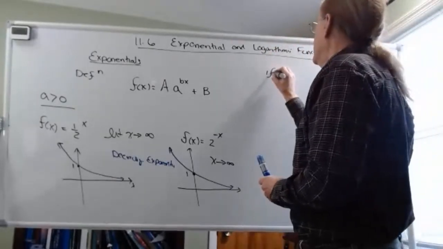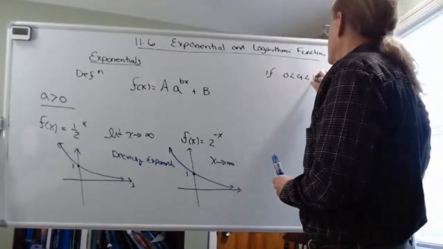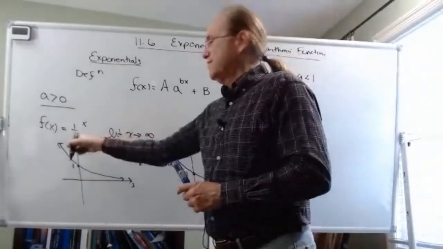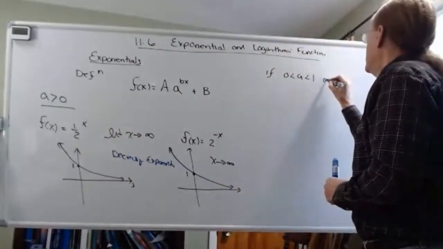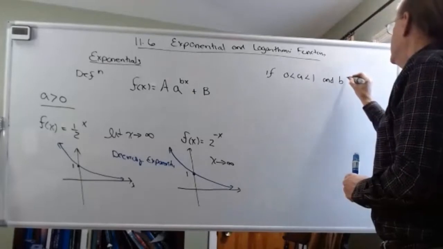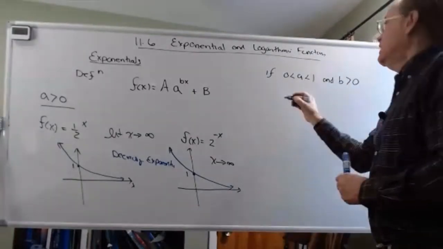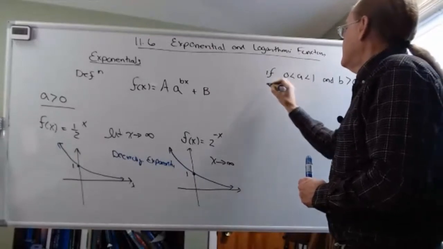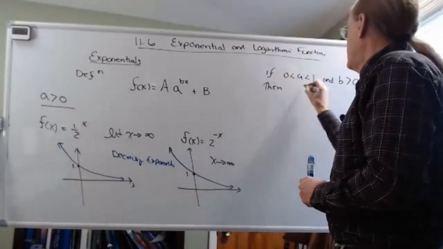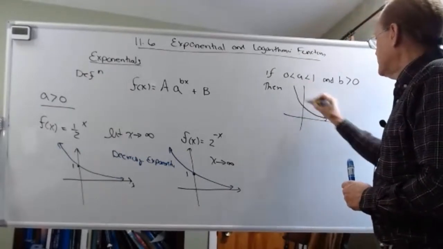So if 0 is less than a is less than 1, so little a is a fraction, and b, this coefficient here, is positive, then your graph is always going to be what we call a decreasing exponential function.